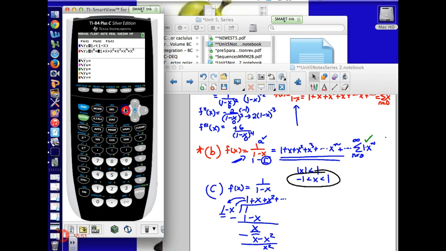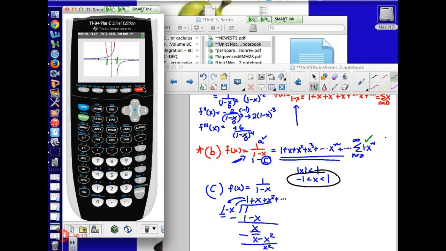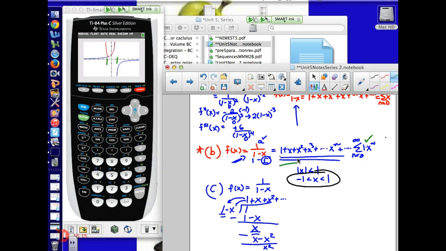And between -1 and 1, it's actually a perfect fit. So there's my original 1 over 1 minus x with the asymptote at 1, and my power series. Notice adding that degree just changed the end behavior, but in my interval of convergence, my power series and my function are exact.